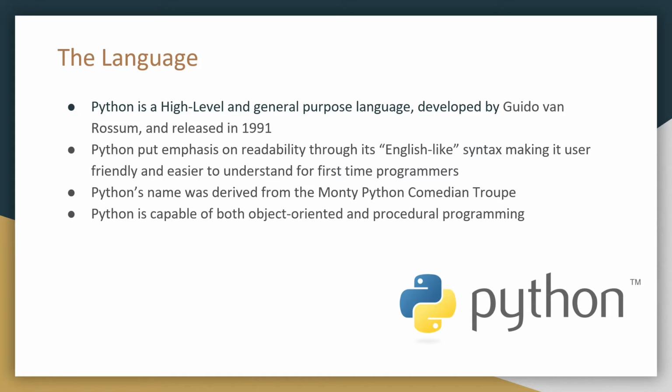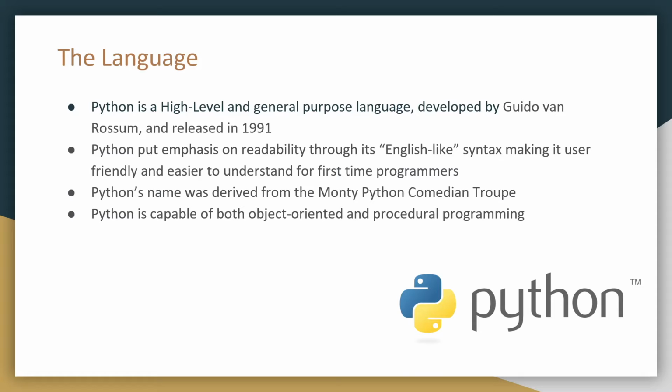Many people believe that when they want to pseudocode or just come up with code in English, they end up writing it in Python, because Python as a language is very similar to how you or I might even speak. If you were curious about why it is called Python, it actually comes from the Monty Python comedian group.